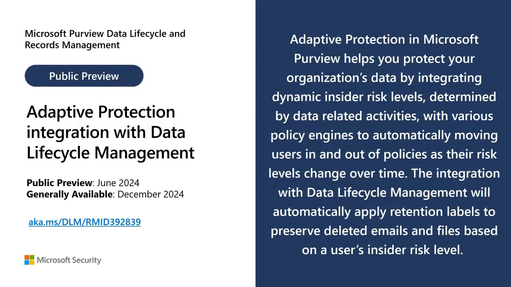It does that by looking at all users who are marked risky by adaptive protection. And then, as we realize that this user is risky and they've started deleting files, what this integration does is it will automatically start preserving files deleted by the user, right? That allows time for admins to determine whether the delete was valid or invalid.